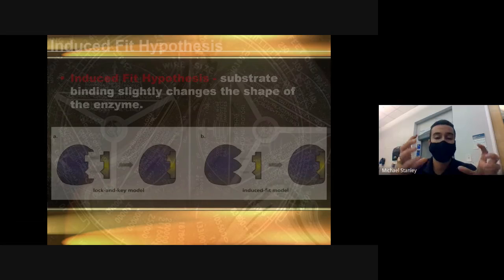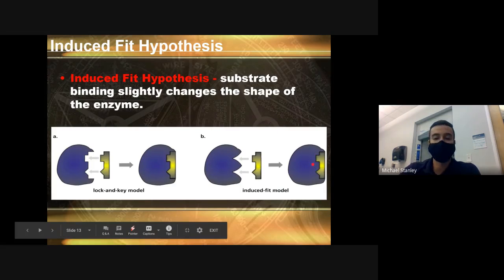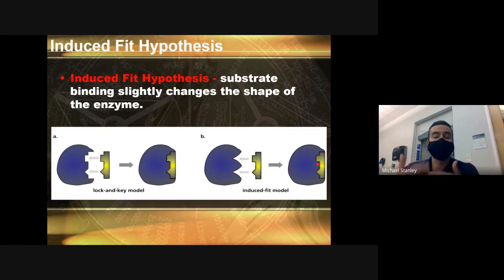So either way, we end up with a really snug fit between the enzyme and the substrate. The enzyme causes that reaction to happen really quickly, and then whatever our products are, whatever we make at the end of the reaction, the enzyme lets those go and is ready to be reused again for another reaction.